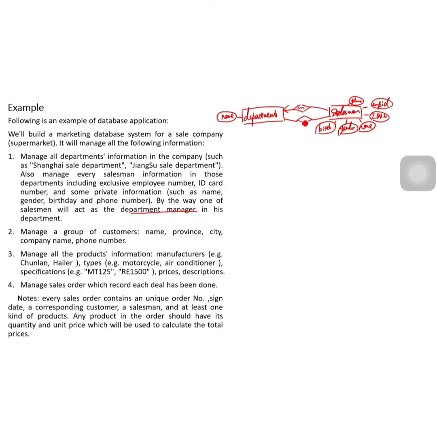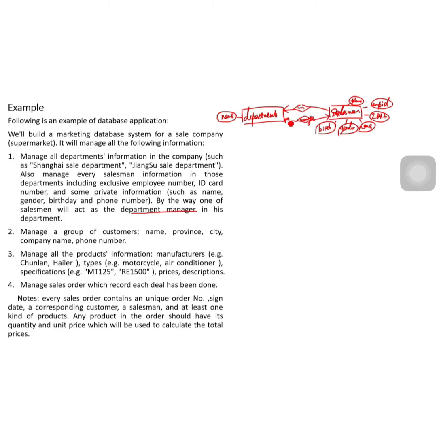This relationship is manager, between salesman and department. A salesman may be a manager in one department, and in a department there is a salesman who is a manager.